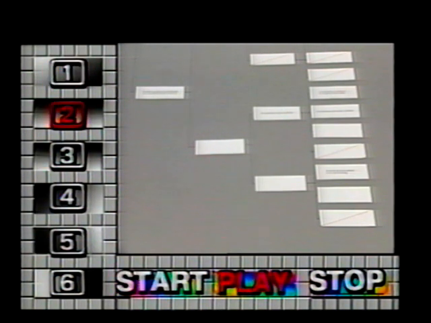Now stop and run through the section again as many times as necessary. And here are the correct answers.